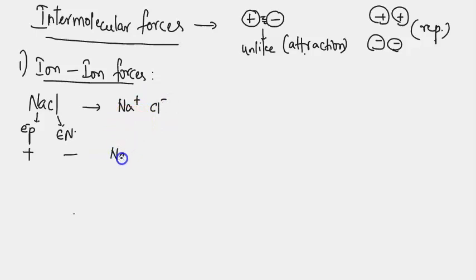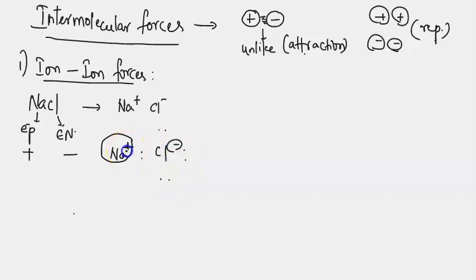So sodium has an octet of 8 electrons around it by getting a positive charge, and chlorine is also getting an octet configuration by gaining 1 electron from sodium.